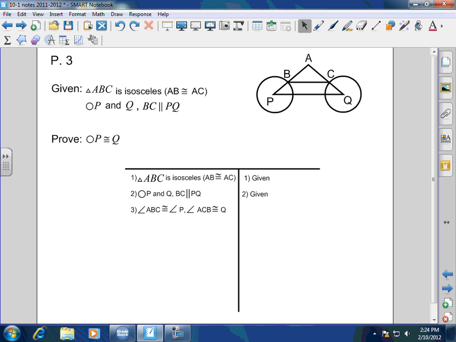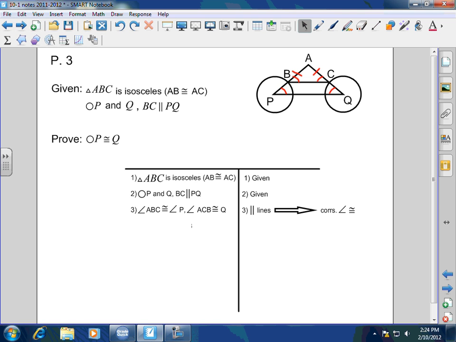But from what I already have, knowing that BC is parallel to PQ, I already know that AB is congruent to AC, but I also know that angle ABC is congruent to angle P, and I know that angle ACB is congruent to angle Q, right? Because if parallel lines, then corresponding angles are congruent.